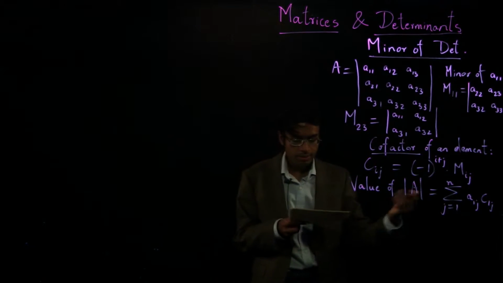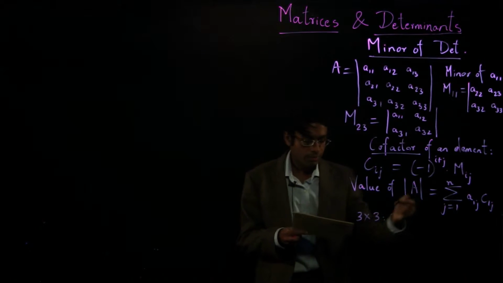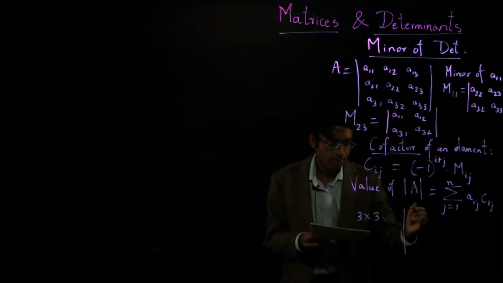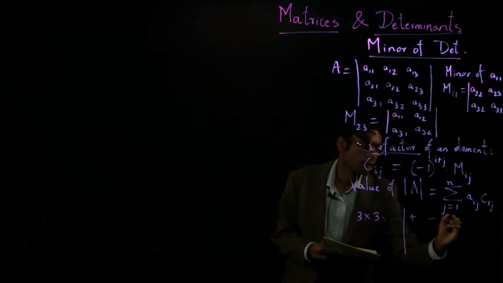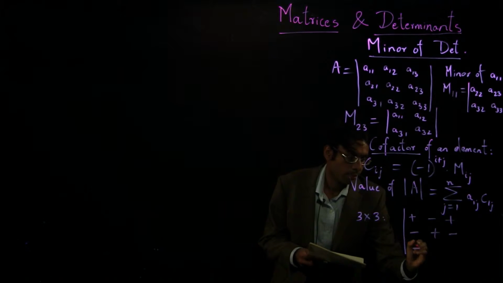And you can already see that for a 3 by 3 matrix, the signs of the cofactors are this pattern. So plus, minus, plus, minus, plus, minus, plus, minus, plus.